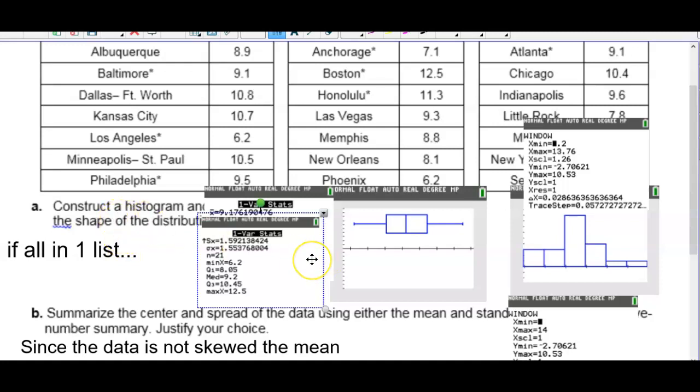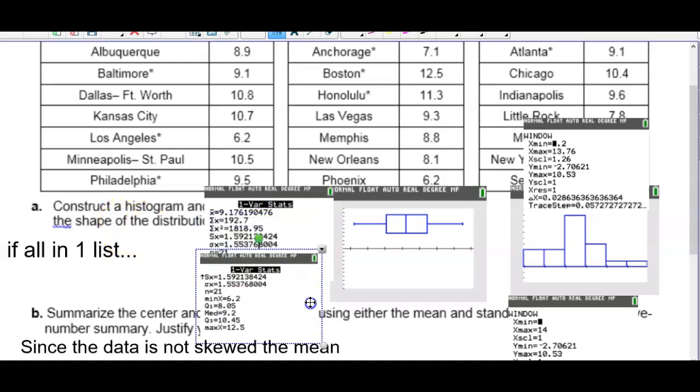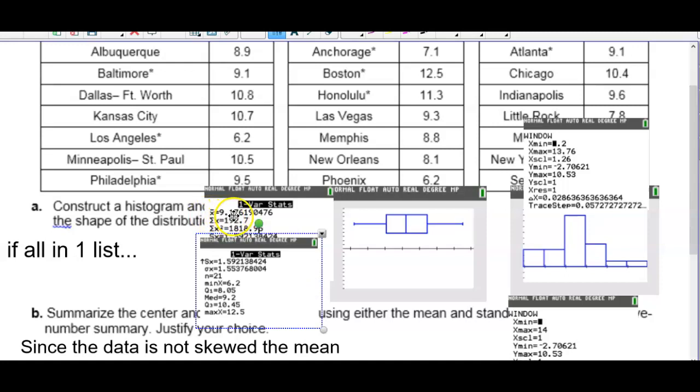And when I put them all in one list, I got here a mean of 9.2, a standard deviation of 1.6, and this was the plot that I got, okay, for a box plot. So it looks very symmetric. Now, I did do the histogram because that's actually what the question asked for. So let me get rid of this guy.